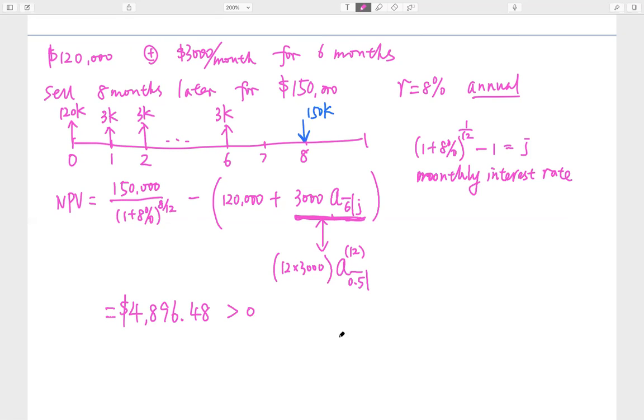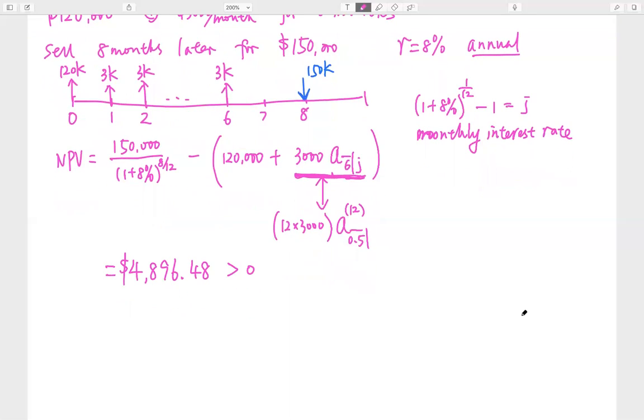We have a nice conclusion: a project should be accepted if its NPV is greater than 0.